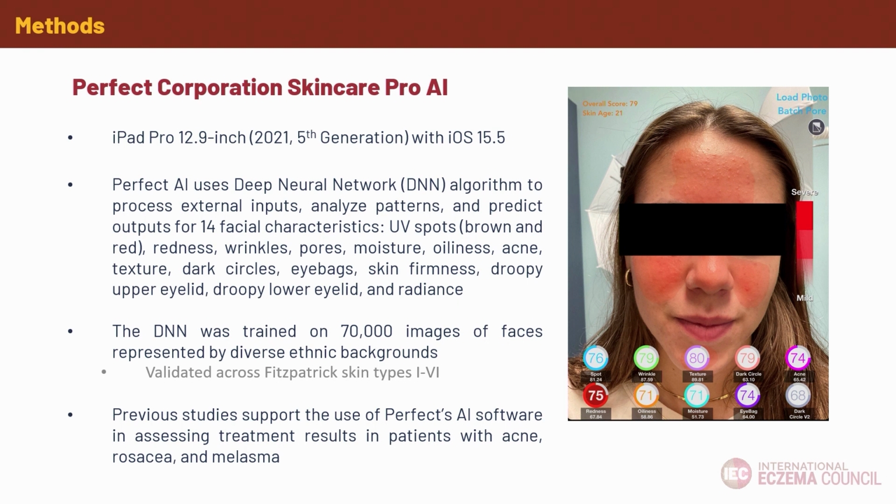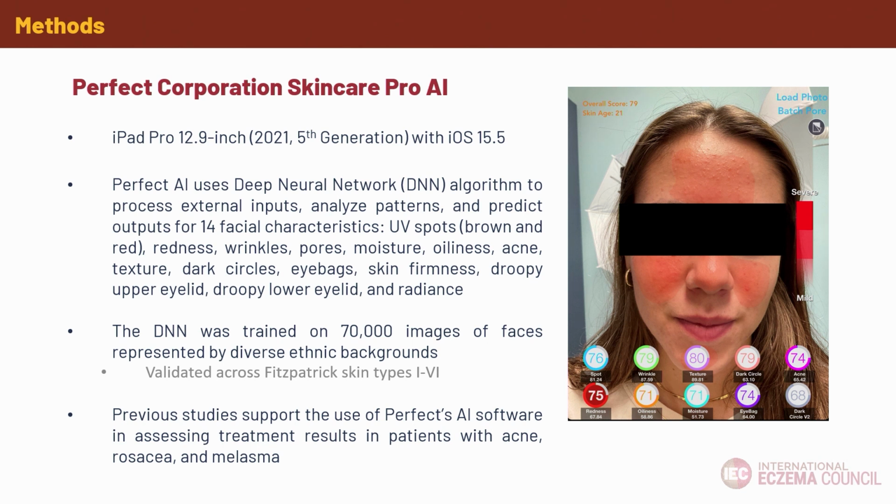And the DNN algorithm has been trained on the input of 70,000 images of faces from diverse ethnic backgrounds. So as of last year, it was validated across Fitzpatrick skin types 1 through 6. And then, as you can see in the image on the right, this is an example of the assessment produced by the AI.